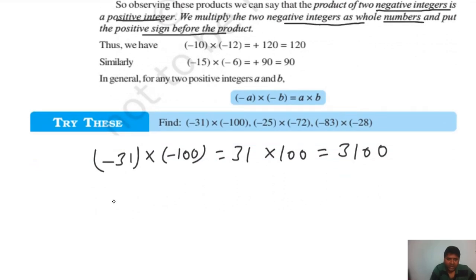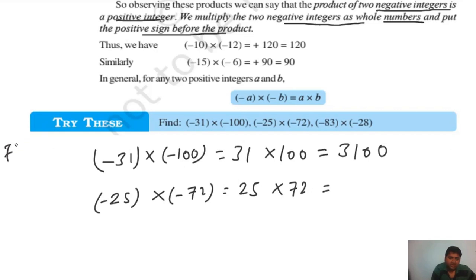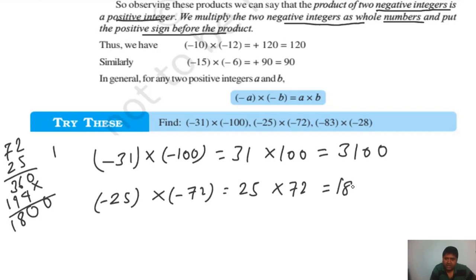In a similar way, minus 25 into minus 72 means 25 into 72. Suppose we multiply 25 into 72, and we get 1800.